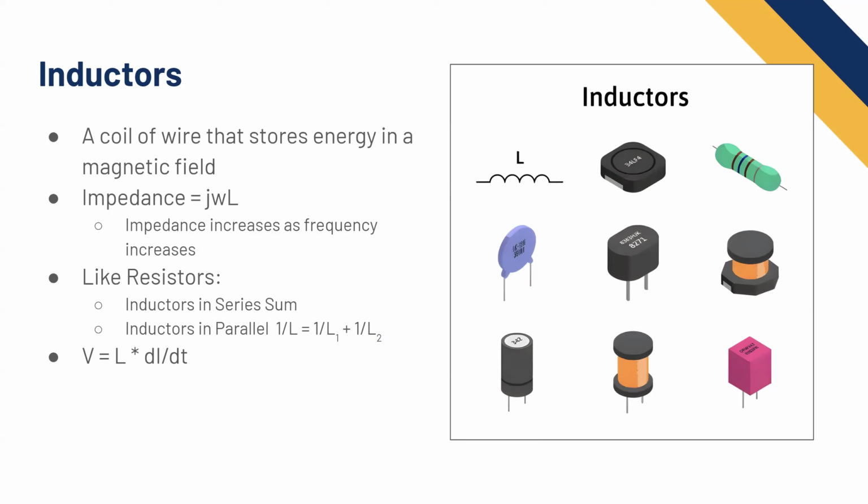If we use our right hand rule, this is a very quick and dirty explanation, but if you put your thumb in the direction of current, then the rest of your fingers, when they curve, show the direction of the magnetic field around that wire. So let's say current's going into the inductor here.